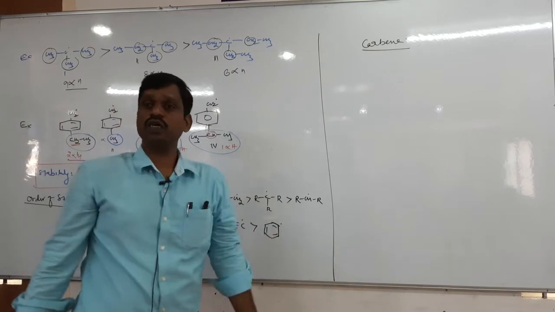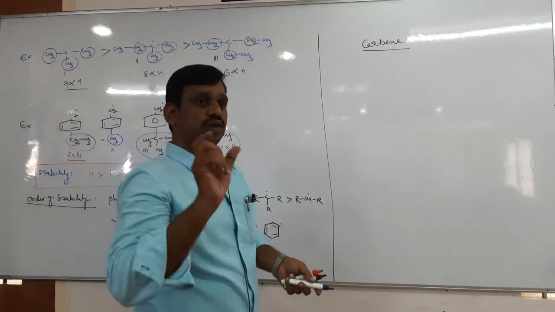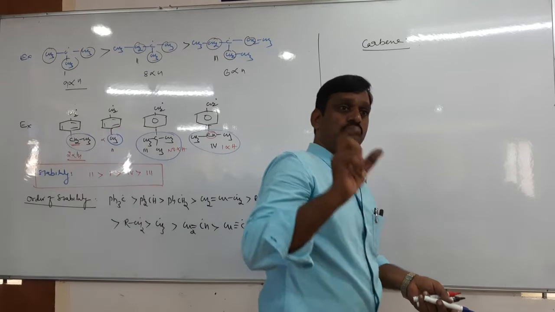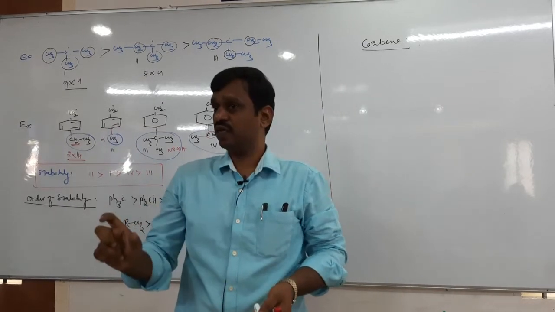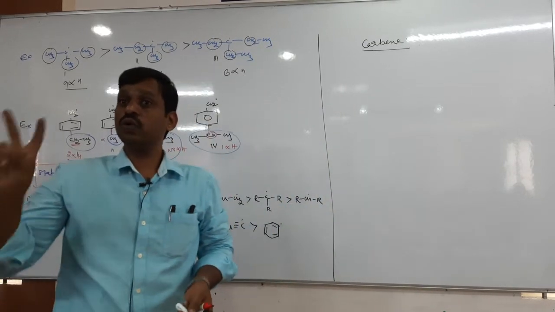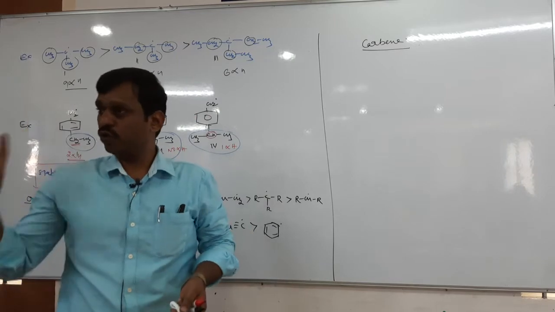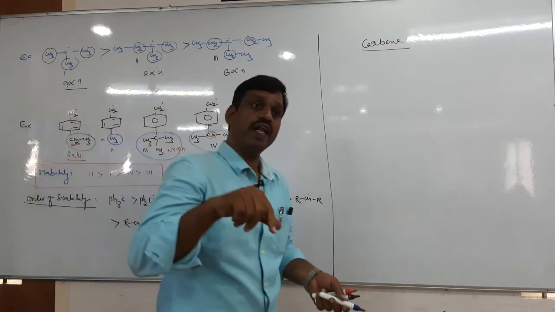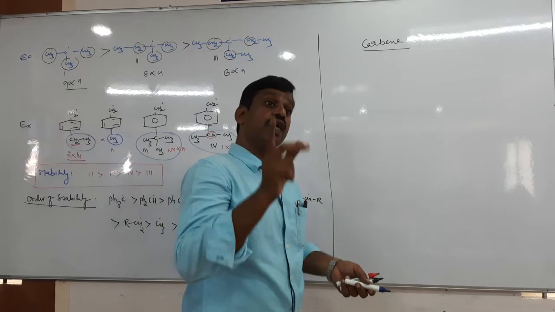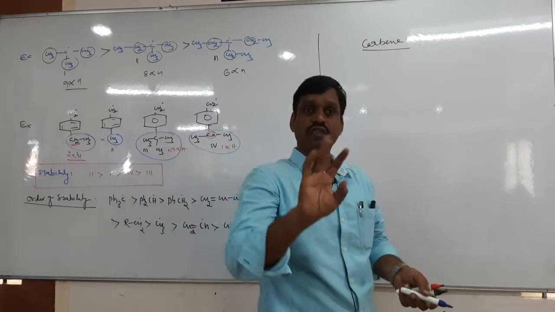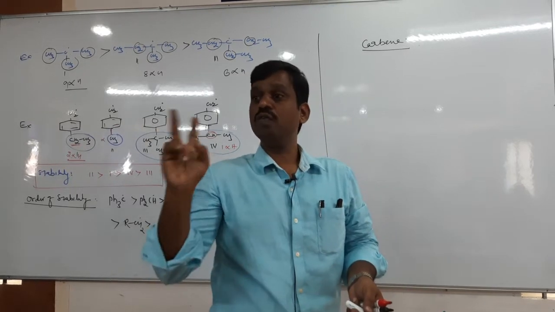Carbenes are neutral, bivalent species having 2 non-bonding electrons. They are bivalent, meaning valency 2, but having 2 non-bonding electrons. They are actually not a lone pair, they are non-bonding electrons.